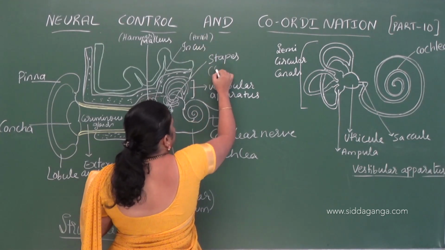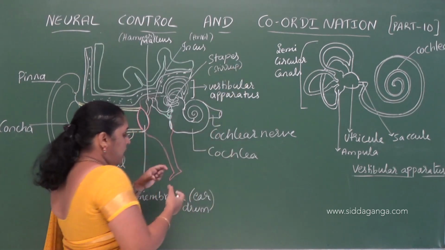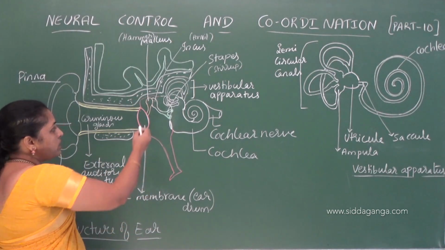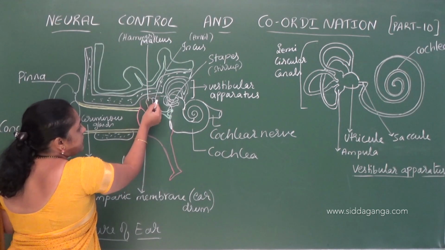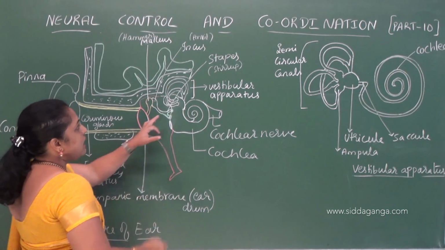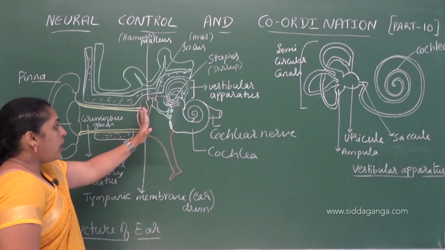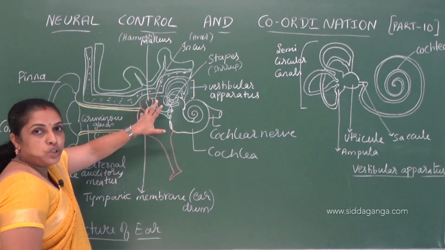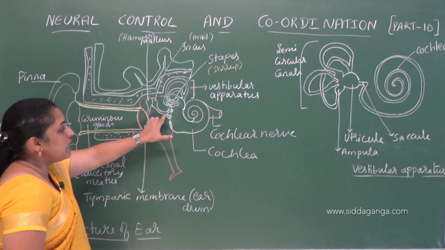And stapes is a stirrup shaped bone. See, hammer, malleus, this is incus, and the very smallest bone among the ear ossicles is stapes. So the middle ear contains the tympanic membrane and three small bones called ear ossicles, that is malleus, incus and stapes.